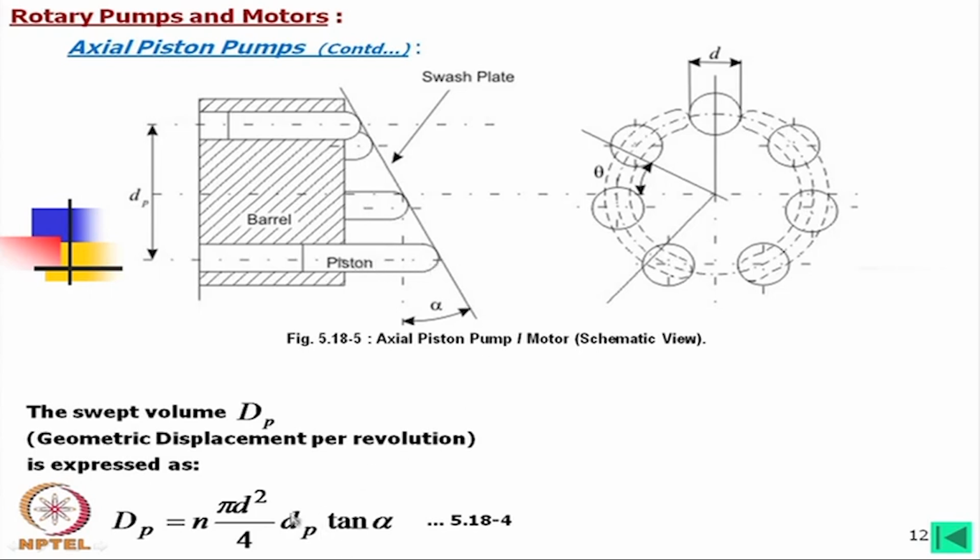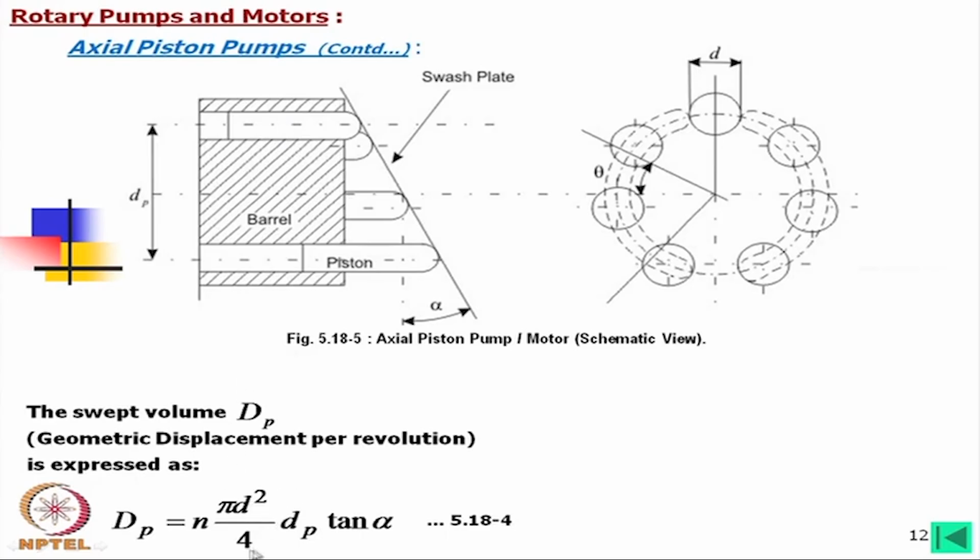So, this is the total stroke length. When alpha is fixed, or even for the variable pump if we fix it at an angle, then for that alpha angle, dP tan alpha is a constant.